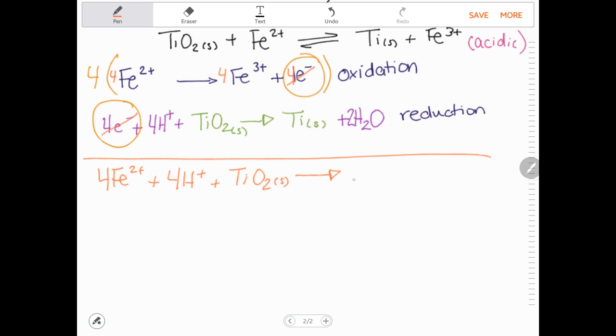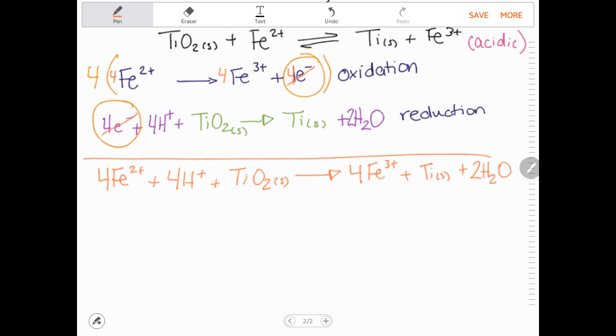So what's left behind is my 4 Fe3+, my titanium, and my 2 water molecules. Okay, this is a way to balance a chemical equation using our half reactions and using what we know about them in order to get a proper answer.